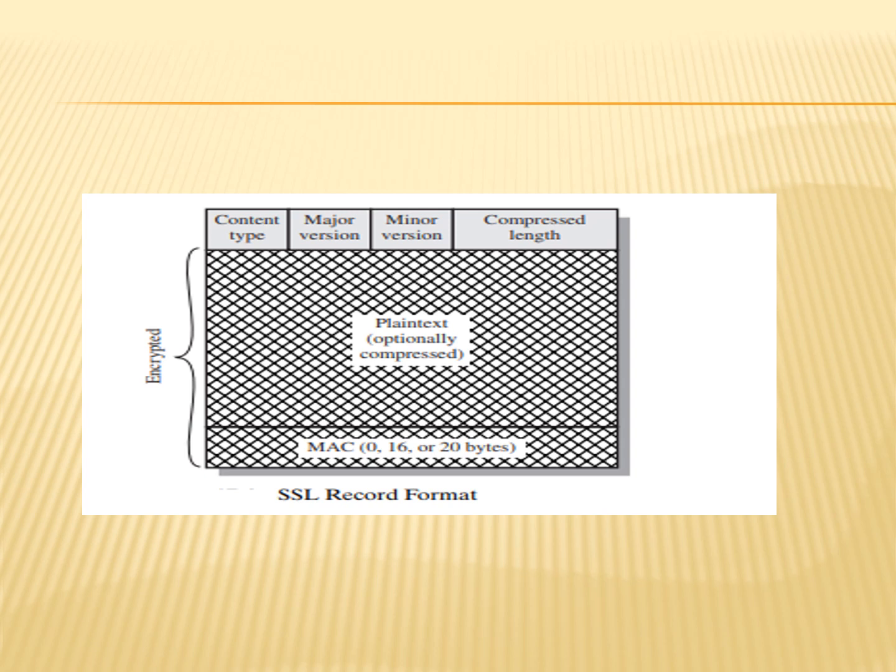Compressed length is 16 bits: the length in bytes of the plain text fragment. The maximum value is 2 to the power of 14 plus 2048. The content types that have been defined are change_cipher_spec, alert, handshake, and application_data.